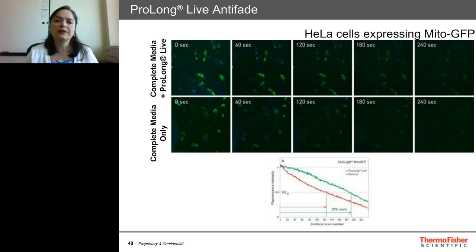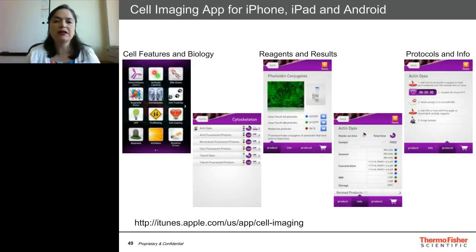So I hope that this seminar has been helpful. If you want similar information and information about reagents and protocols, we do offer some free apps for your mobile devices, and I'm showing you the URL at the bottom there, or you can just search cell imaging in the application stores.